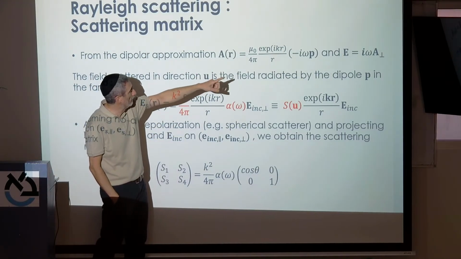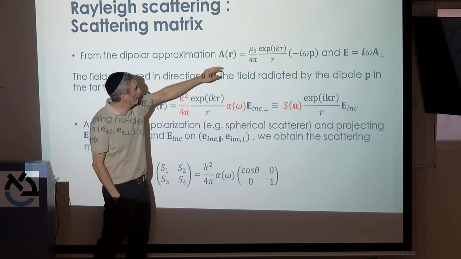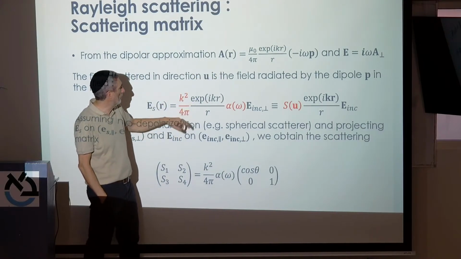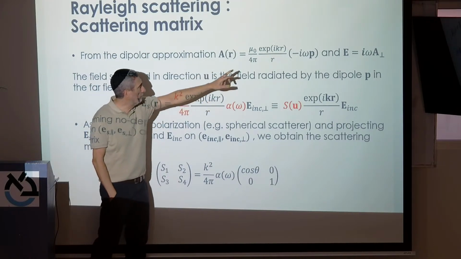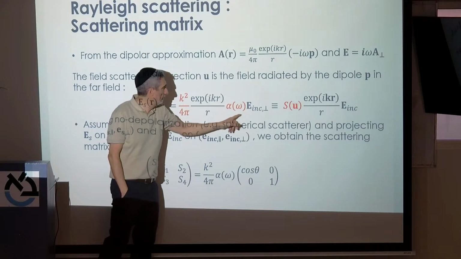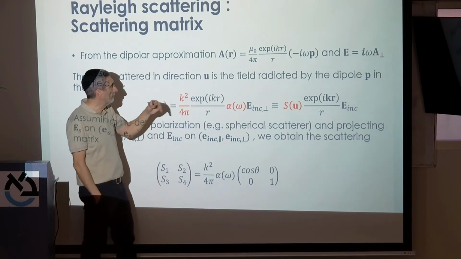So i omega A orthogonal from this expression. So you have mu0 over 4 pi exponential ikr. The polarization P gives you this term here. Some epsilon disappears somewhere.